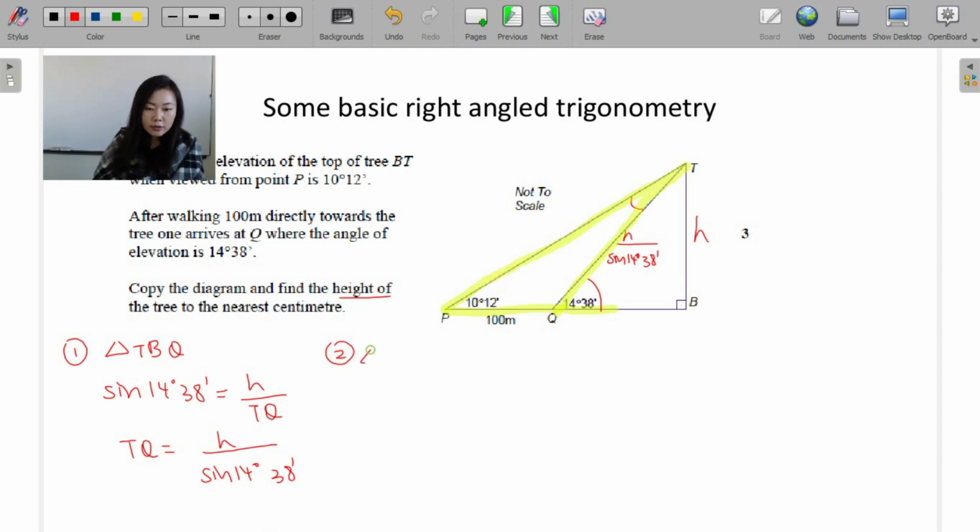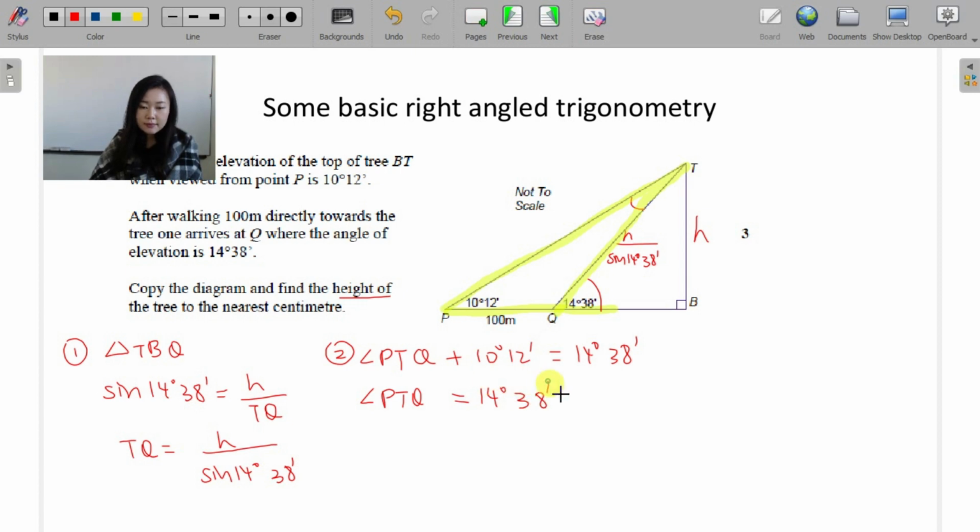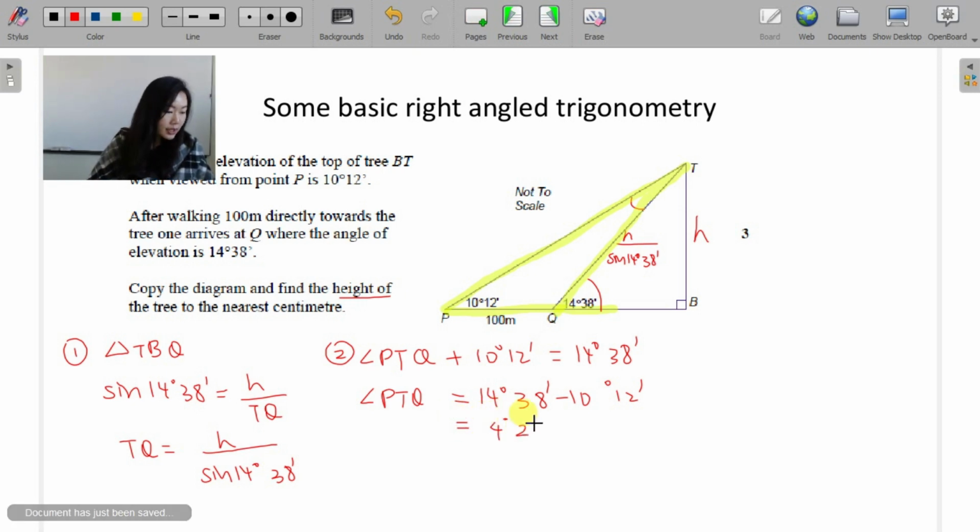So angle PTQ plus 10 degrees and 12 minutes should equal 14 degrees and 38 minutes. The exterior angle of a triangle is always equal to the sum of the opposite interior angles. I won't write that down because I don't have space, but you know what I'm talking about. So subtract that through, and that should be 4 degrees and 26 minutes.